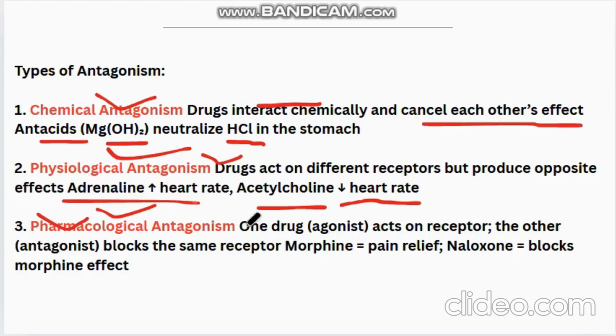For example, one drug is going to act on receptor A, and similarly the other drug is going to act on the same receptor, A. But in the above example, physiological antagonism, the drugs act on different receptors, whereas in pharmacological antagonism, the drugs act on the same receptor.